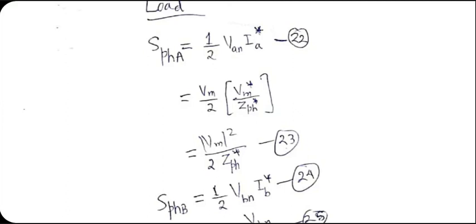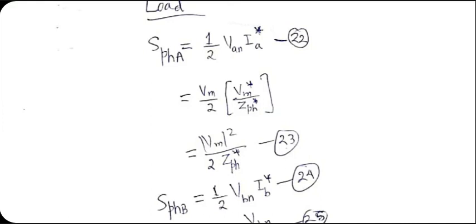Okay. So SPHA, that means complex power in phase A on the load side, is Vm square. Forget the magnitude sign, it's a real number. Vm square divided by 2 times the complex conjugate of the load impedance per branch, ZPH.